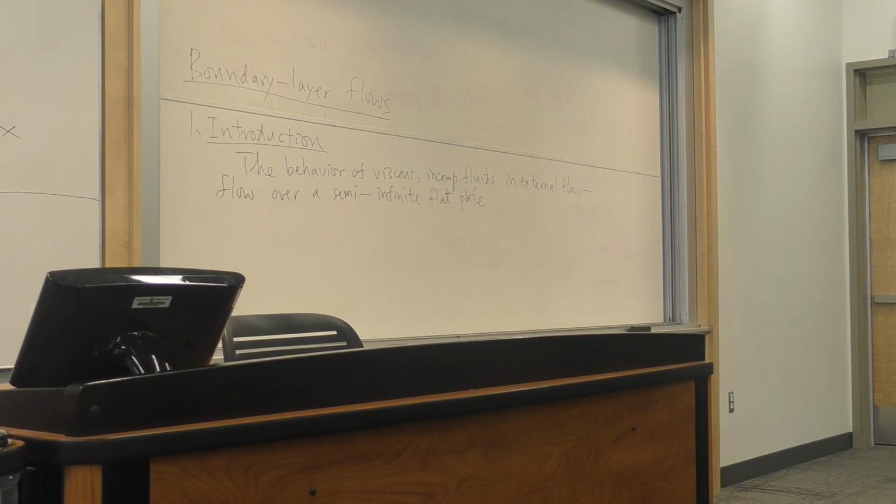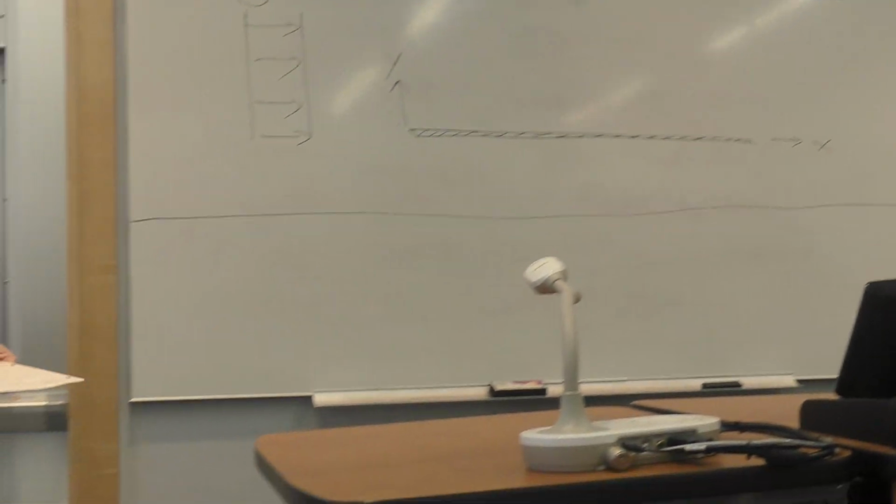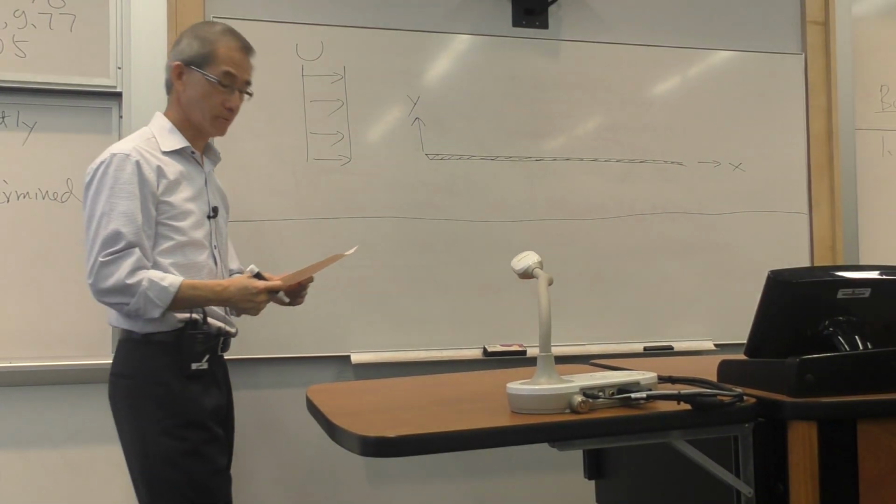So this kind of semi-infinite plate is what we will later on very rigorously analyze the flow with viscous effect, with differential equations of motion, and ask ourselves, how can I deduce the velocity profile within the boundary layer? How can I estimate the drag and the shear, etc.? So upstream of this plate, I have a uniform flow approaching the plate, 10 meters per second, for example.